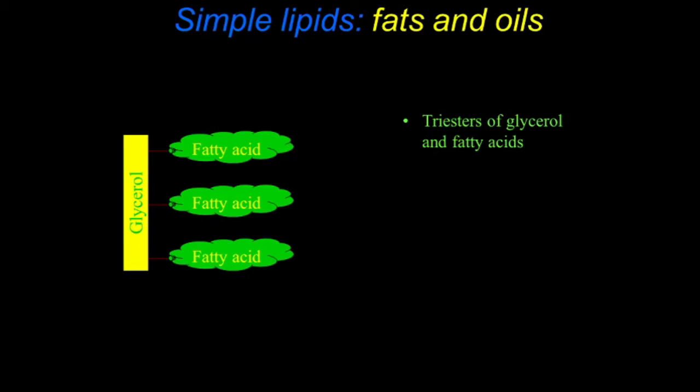In most cases, two or three different acids are present. The hydrophobic character of triglycerides is caused by the long hydrocarbon chains of fatty acids. The ester groups, also polar themselves, are buried in a non-polar environment, which makes the triglycerides insoluble in water.